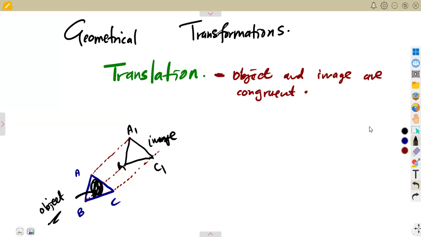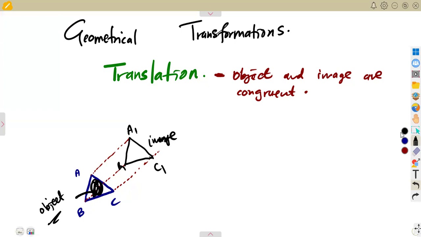But now what separates this translation from the other two is that when points are joined, A to A1, B to B1, C to C1, you are going to produce parallel lines of equal length.